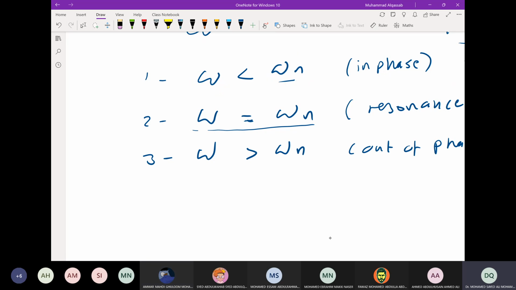And also the same thing for when omega is less than omega n, this is not the dangerous case. The most dangerous, it depends on the amplitude, by the way, can be dangerous if the amplitude is high. Also this can be a dangerous case if the amplitude is high. But the most dangerous is number 2, when it is at resonance.